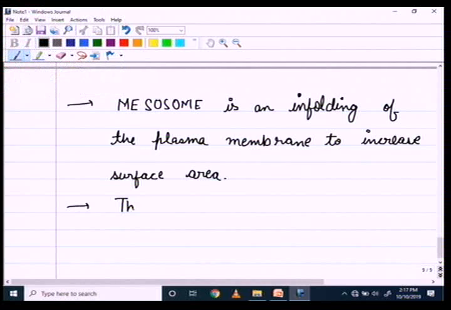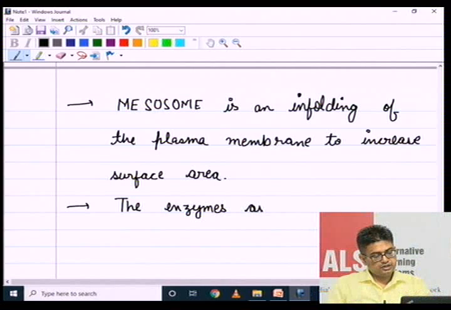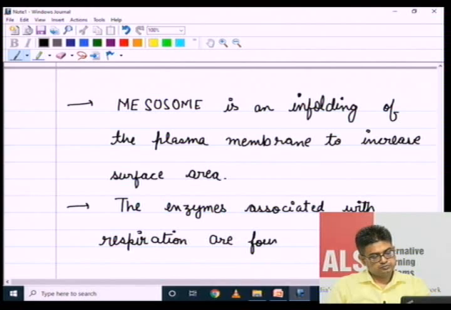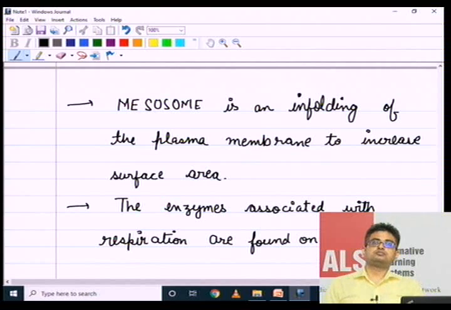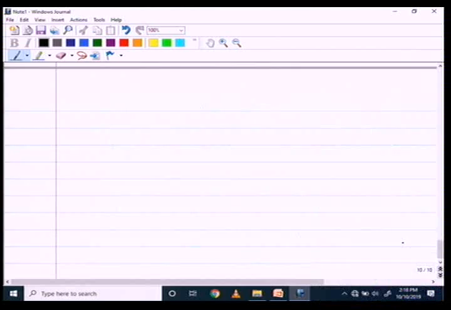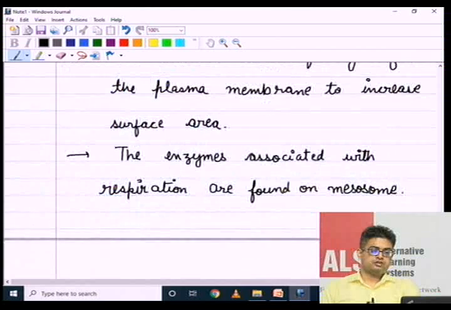The enzymes associated with respiration are found on mesosome.